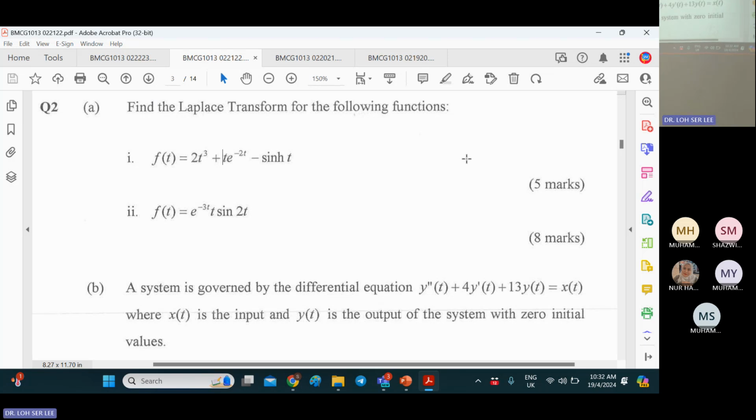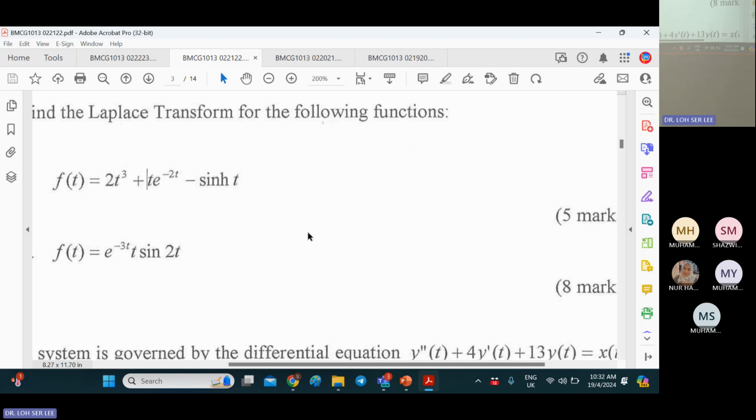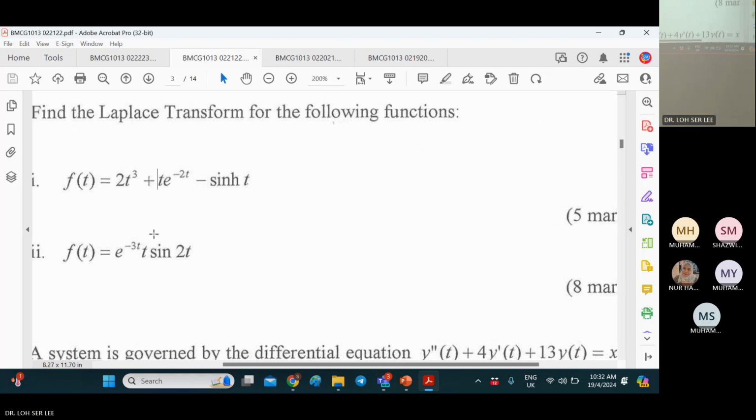Okay, 5 marks. Next one, e to the at, t to the power of n, sine at. This product function contains 3 parts: e to the at, t, and sine at. Did any of you go through the slides of OCW?